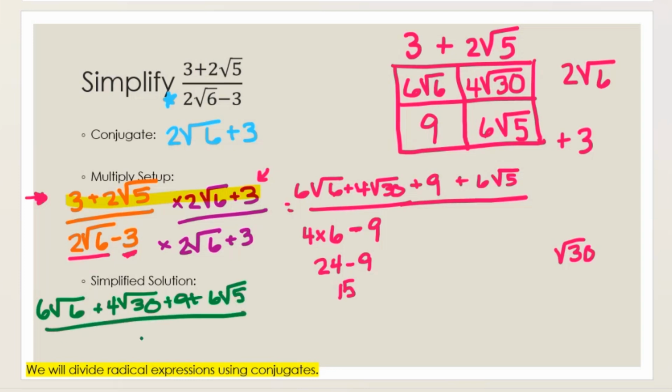Remember, that was our simplified solution for the denominator because I did the 4 times 6 minus 9. And ultimately, that gets me 15. So this is how we address a problem that has radicals in the denominator and has a radical expression in the numerator.